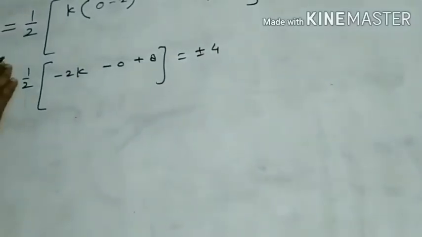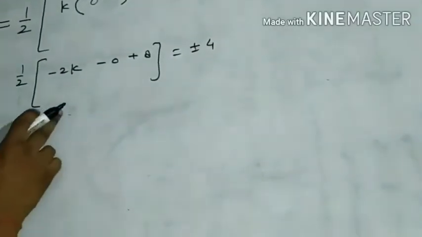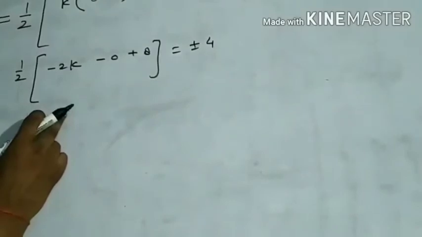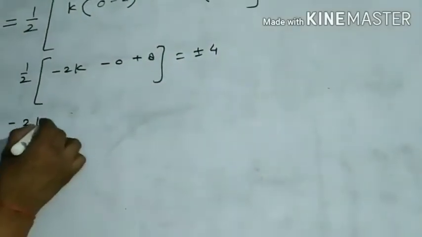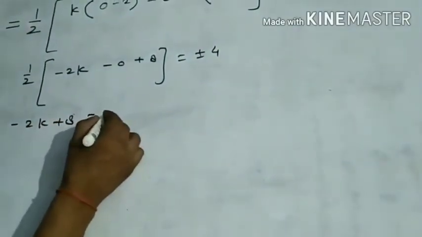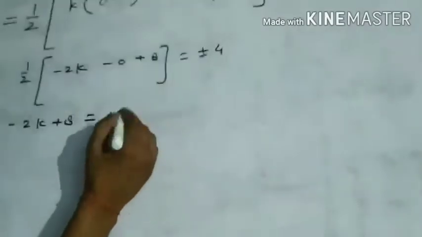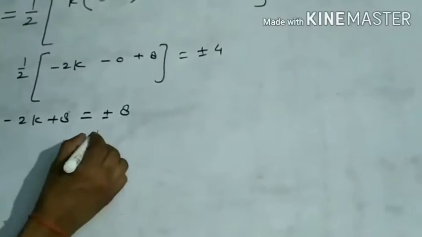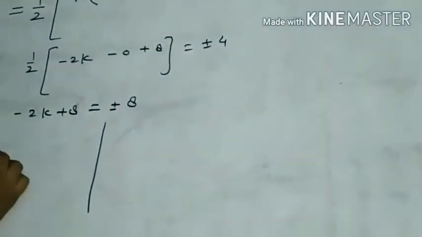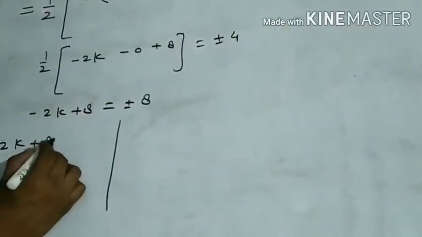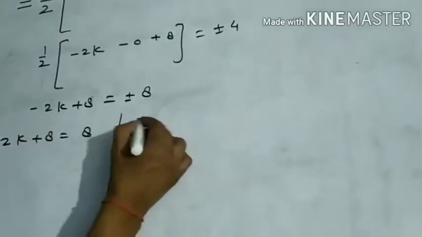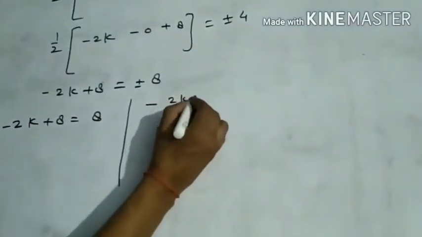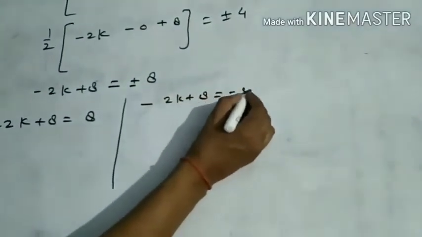Or here we have minus 2k plus 8, this is equal to plus minus 4 multiplied by 2, which will give 8. Now here two possibilities are there: when minus 2k plus 8 is equal to 8, and the second case minus 2k plus 8 is equal to minus 8.